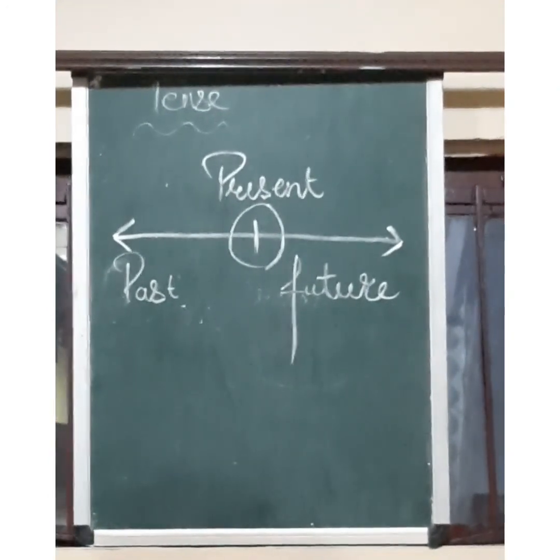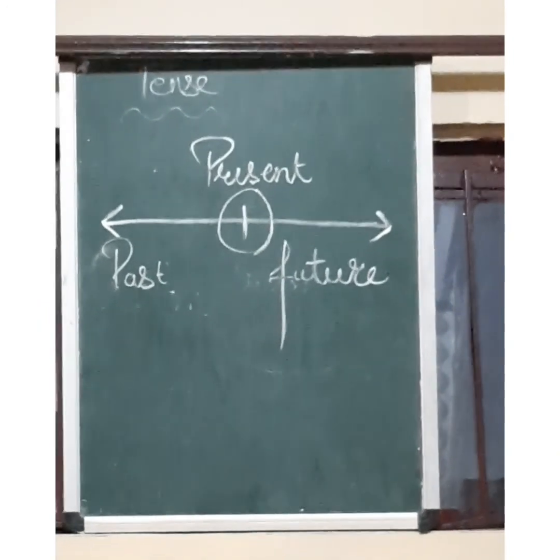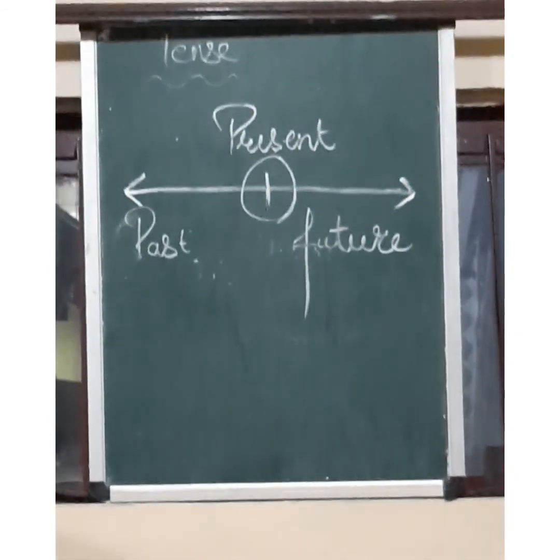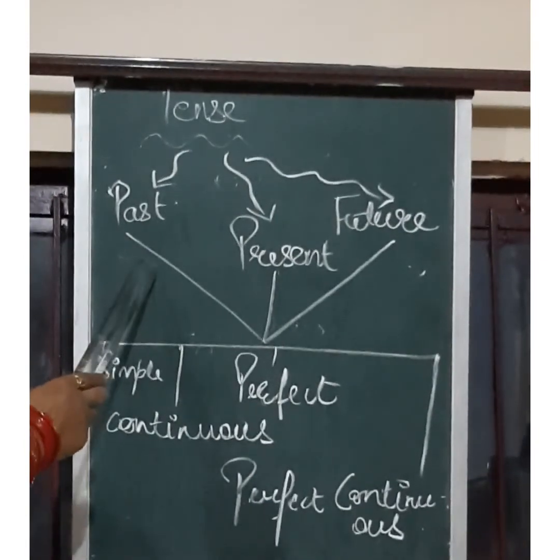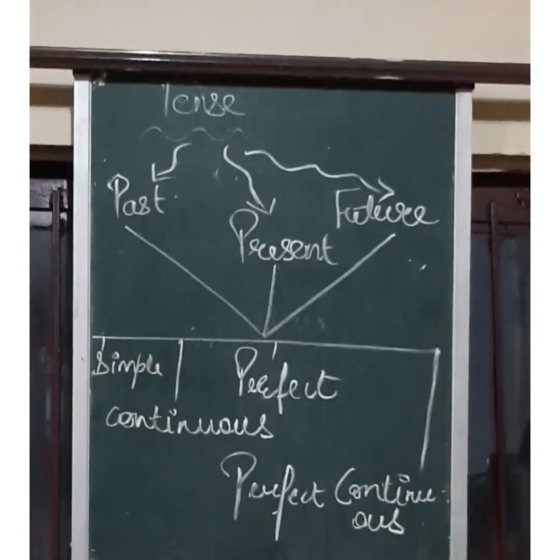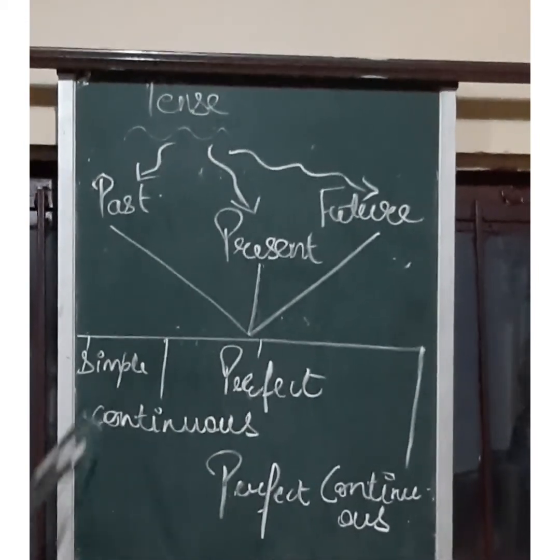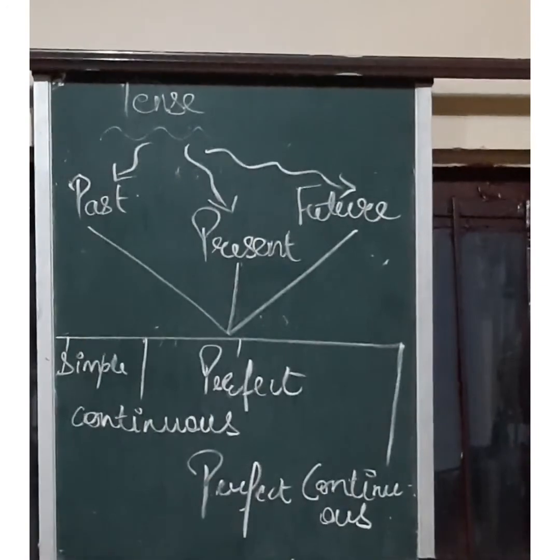Please understand this timeline properly, as we are going to use this timeline for understanding when any action took place with respect to time. So, tenses are divided mainly into three types, that is past, present and future tenses, and now each of these three types has four subtypes, that is simple, simple continuous, perfect and perfect continuous.